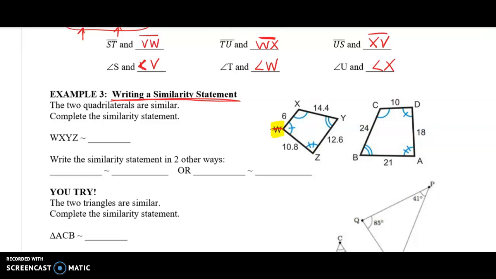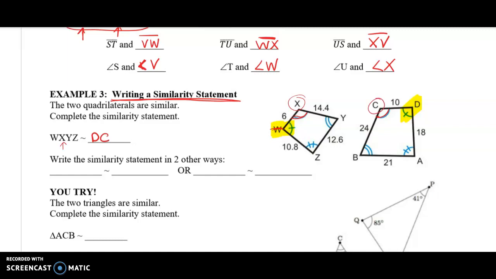Okay, W has this marking here, one marking with a line through it. So you want to find that same thing, which would be angle D. So we're going to say that W would have to be D first. And then since they go to X, we're going to look over here at X. And X just has this one marking, so we're going to find the same marking, which is angle C, so DC.